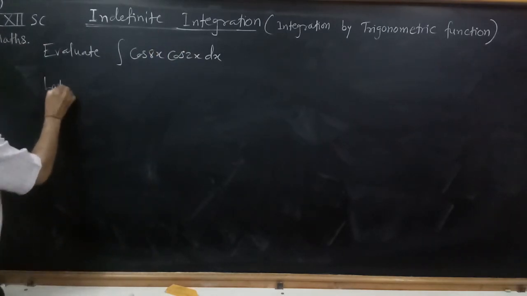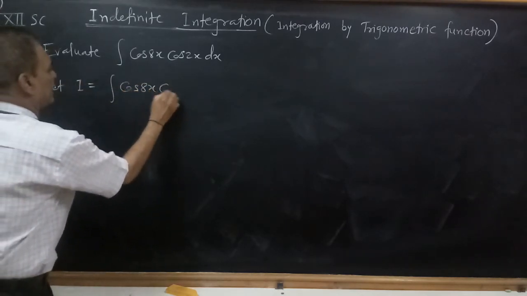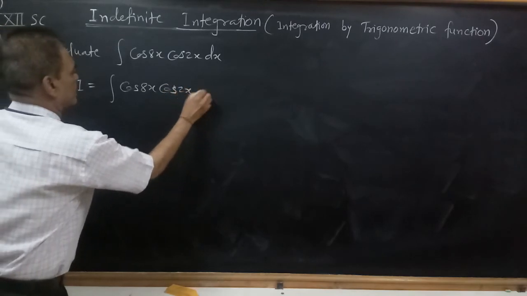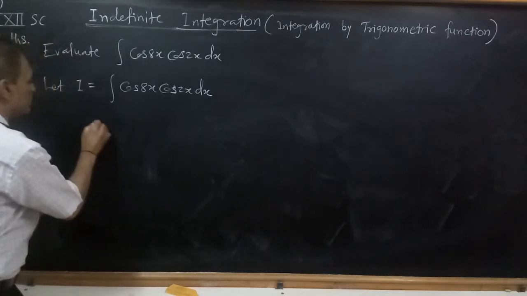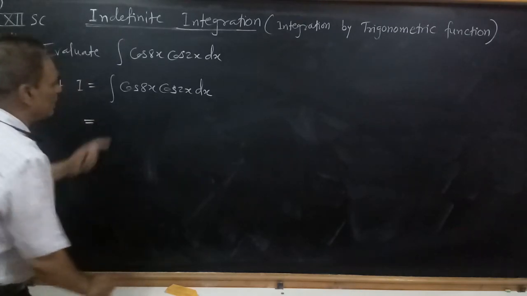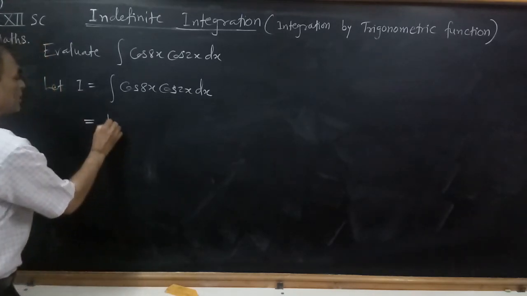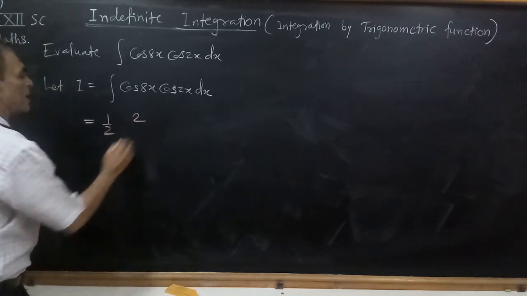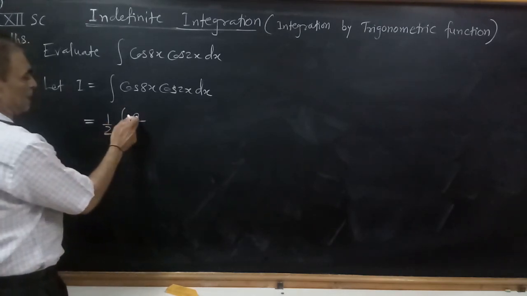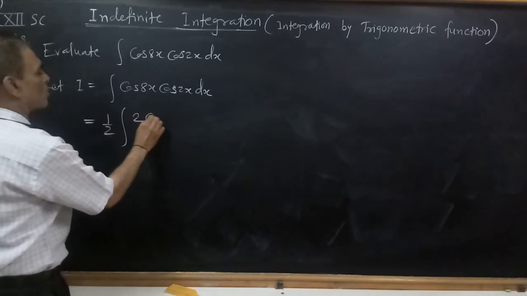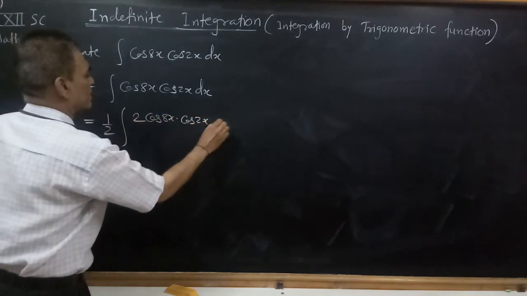First of all, let I equal to the given question, cos 8x cos 2x dx. Multiply numerator and denominator by 2. Take some adjustment, because after that adjustment you can easily apply the standard formulas. Multiply by 2 and divide by 2. Cos 8x into cos 2x dx.